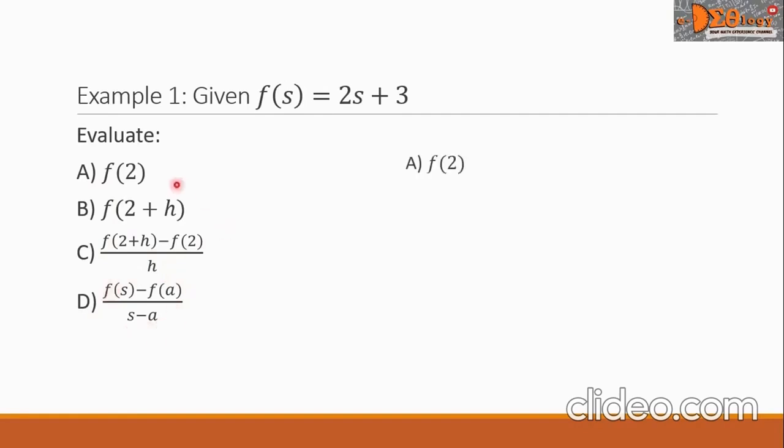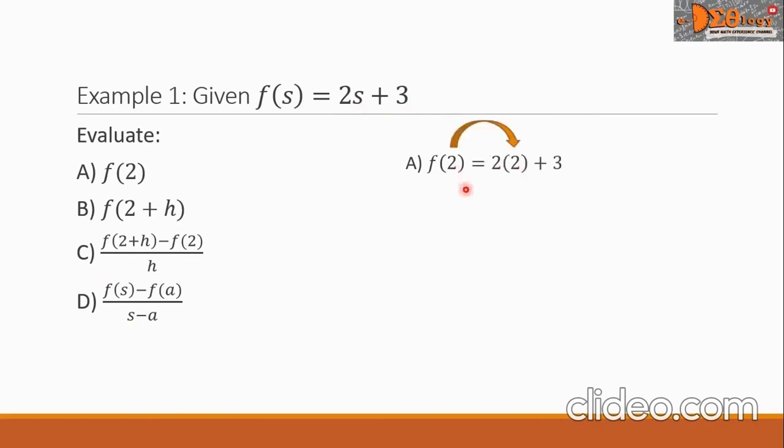Let's begin with letter A. Let us evaluate f of 2. To evaluate f of 2, we are going to copy again the given function. We will write here, but instead of s, we will substitute the value that is written here, which is number 2.